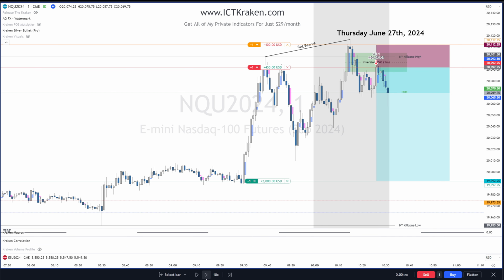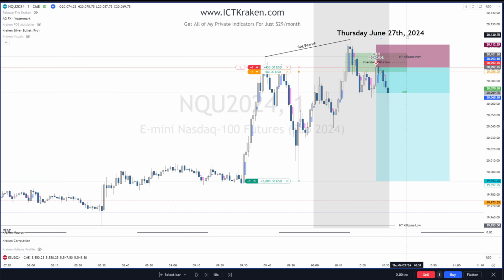Still haven't had a real market structure shift, which I'm really not thrilled about. So I'm considering moving my stop because we haven't had a thing to break even. I'll do it actually, because we haven't had a market structure shift yet, and we're consolidating right here.